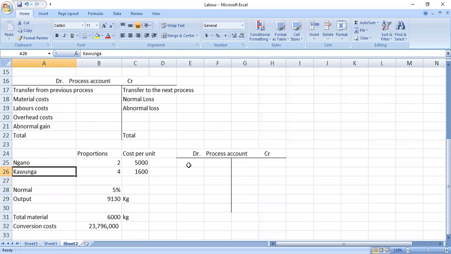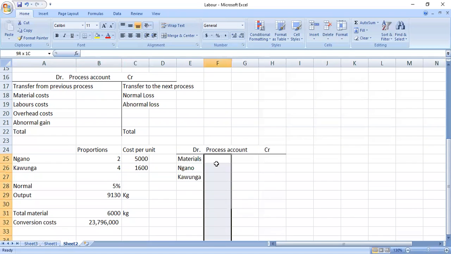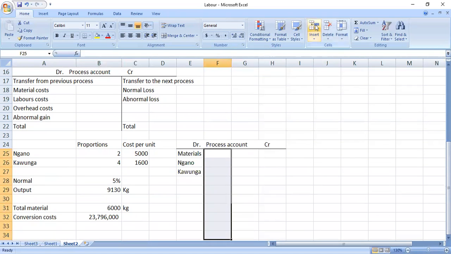For that reason, allow me to put here material. Our material, we have ngano, then kaunga. I need a column for quantities also, so that you see how it's playing out.